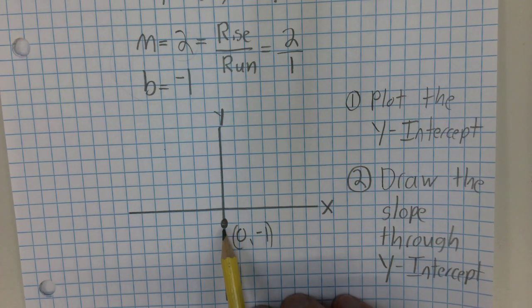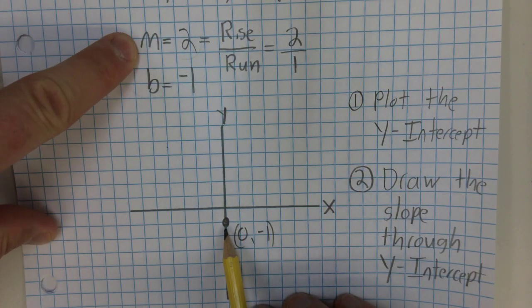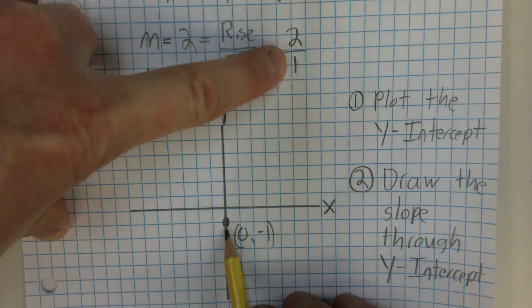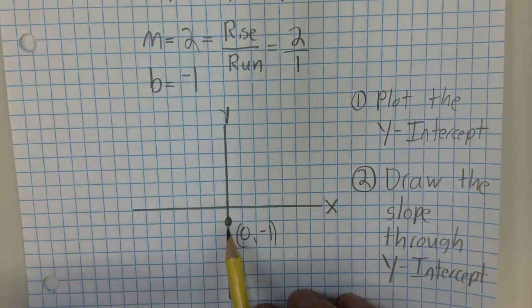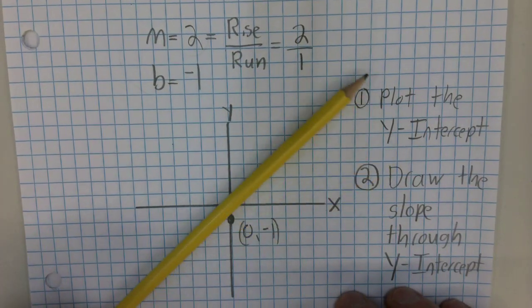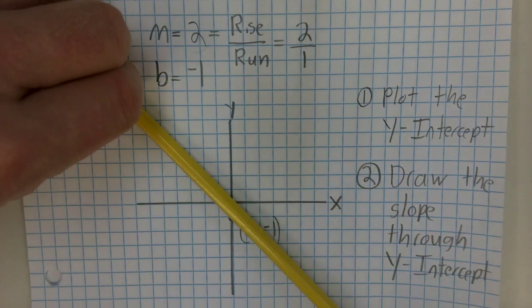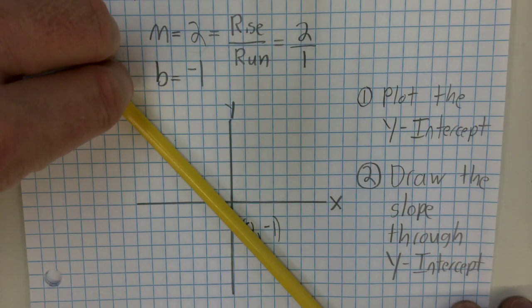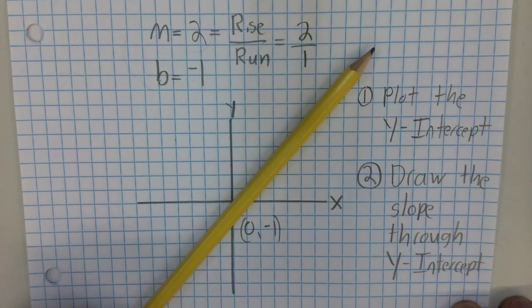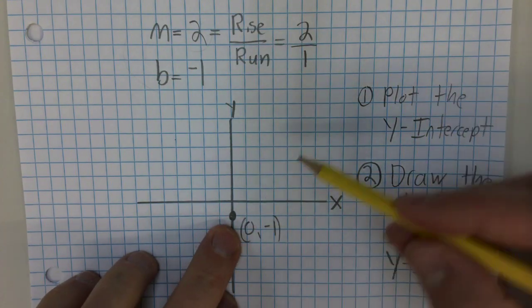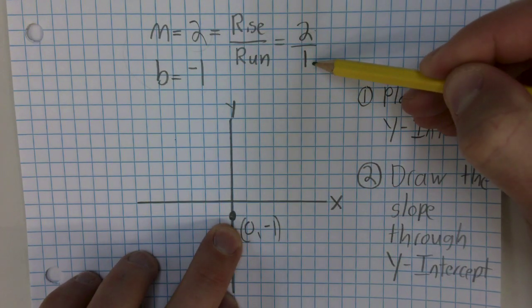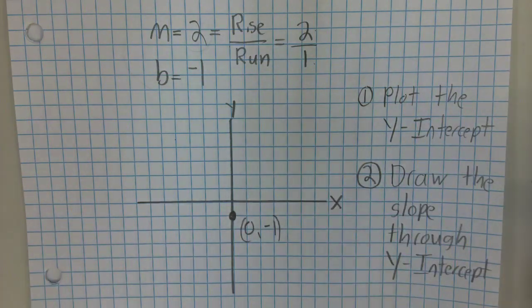So we're going to start at our y-intercept, and we're going to think back to what is our slope. Our slope is 2 over 1, and it's positive. So our line is going to look something like this. If it was negative, it would go down like this. That's something to consider for the next problem. But we're going to go up like this. So our rise is 2, our run is 1, and that's what we're going to do.